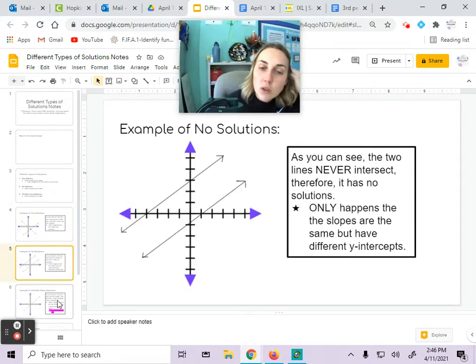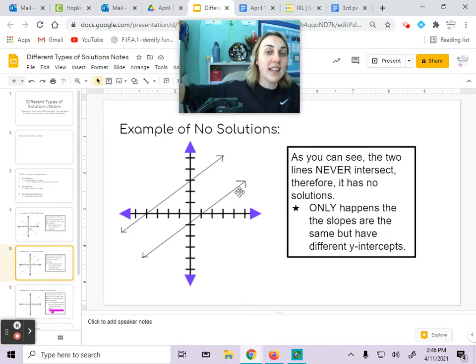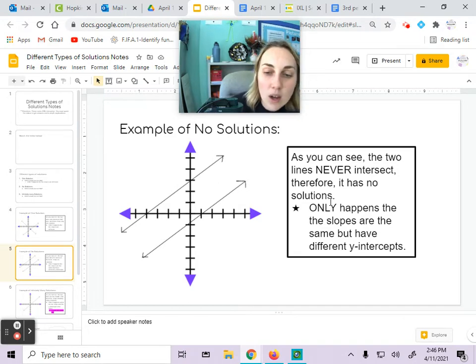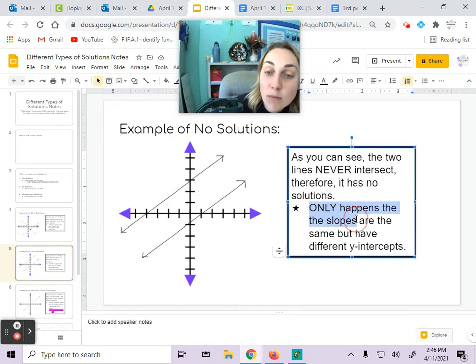When would you see that? An example of something with no solutions is when you would plot both lines and they're parallel to each other. That means that for infinity, they're never going to meet up with each other. Never, ever, ever. Therefore, there's never going to be a solution. The only time you're going to see that is when you have the same slope. So this is very important.